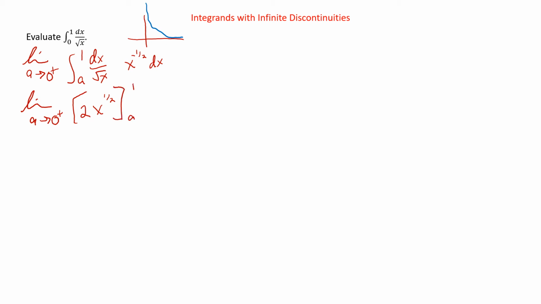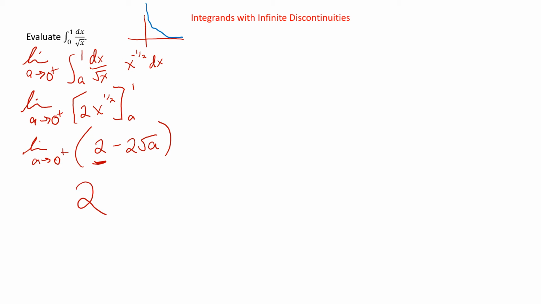From a to 1, we're going to plug in 1 minus plug in a. So you have limit as a is going to 0 from the positive side. Plug in 1, we have 2 times 1 is 2, minus 2 times root a. A is 0 and it's positive, so we don't have to worry about the whole negative square root thing. But as it's getting closer to 0, that square root's getting closer to 0, so 2 times 0 is 0. So this just leaves us with 2.